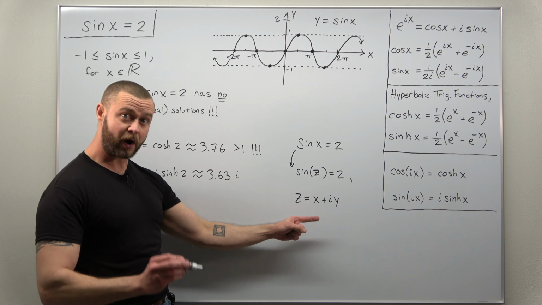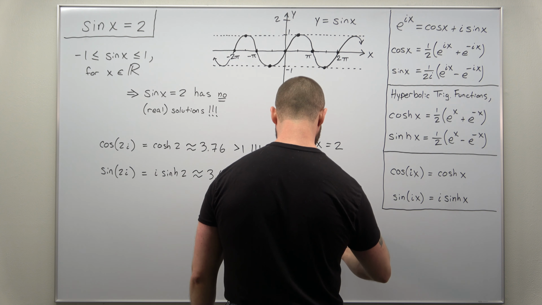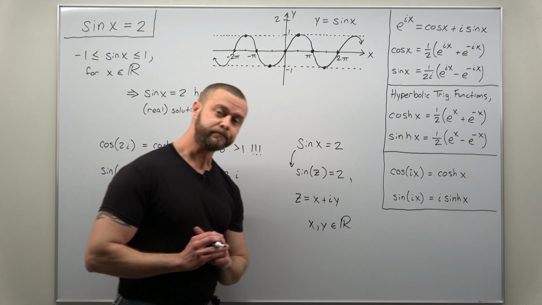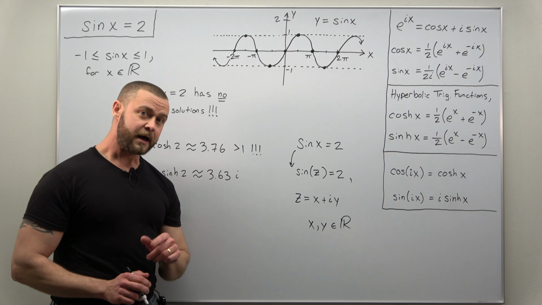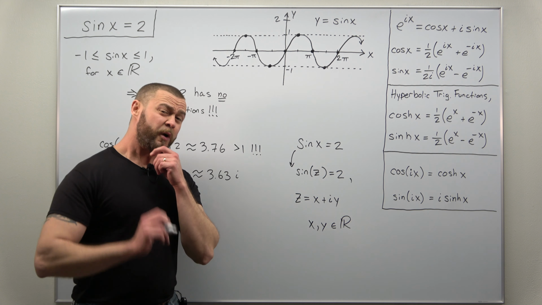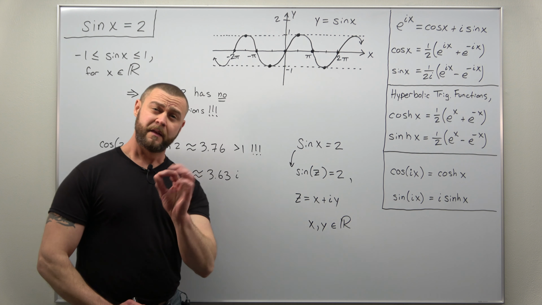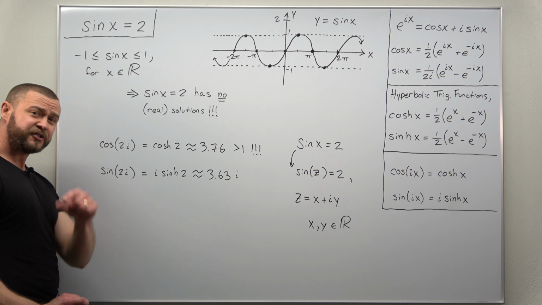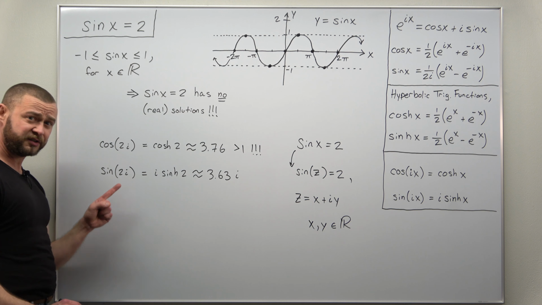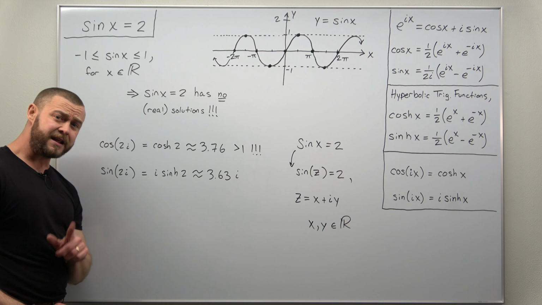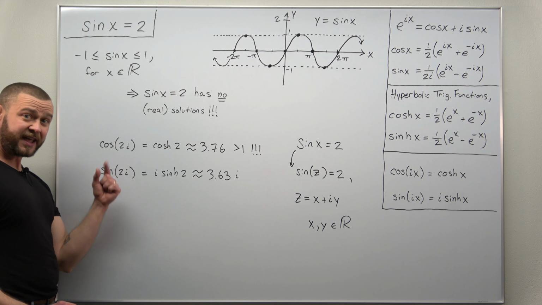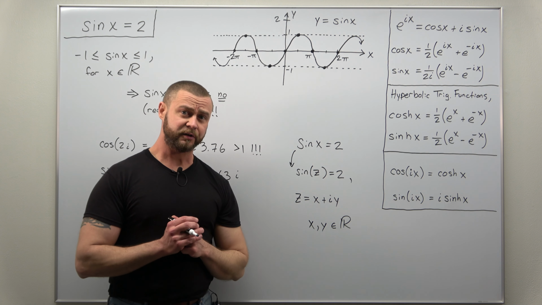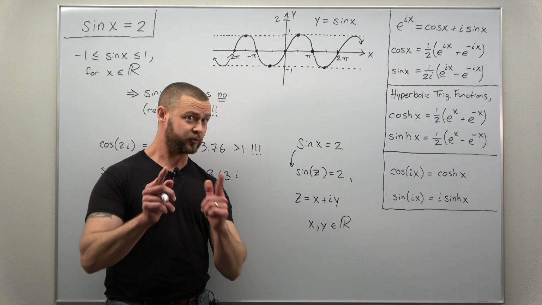So here, both x and y are real numbers. All right, now in order to continue, we're going to need to find a relationship, not just for sine and cosine of real numbers, which we already know, not just sine and cosine of imaginary numbers, but we're going to need an identity or formula that allows us to understand what happens if we plug in complex numbers to sine and cosine. So let's go ahead and get to that right now.